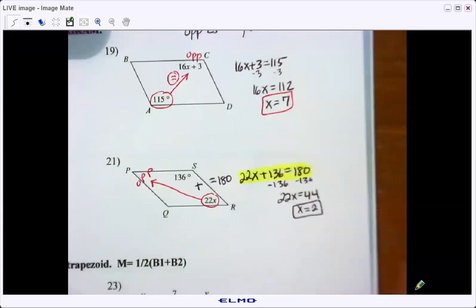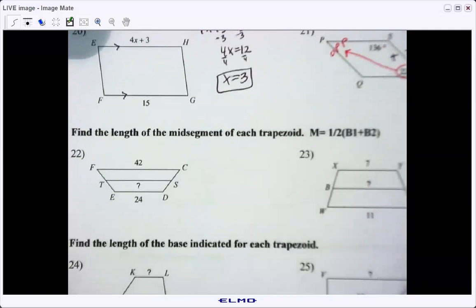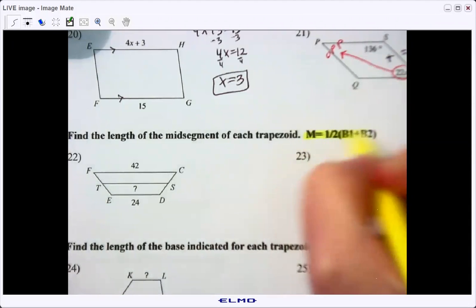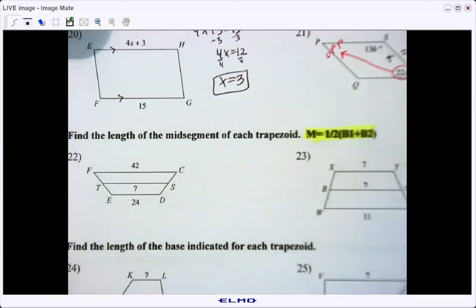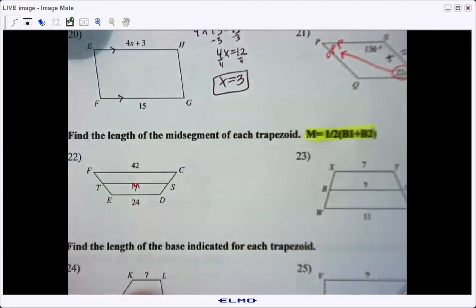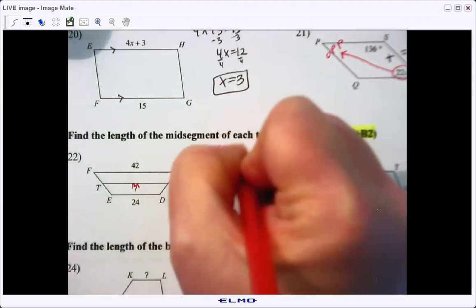Let's see if we can finish up the trapezoids at least today. Okay, number 22. We did this recently, like yesterday, looking at our formula. That is the formula. So I'm looking for M. M always goes on the left side. So M is equal to 1/2 B1 plus B2.